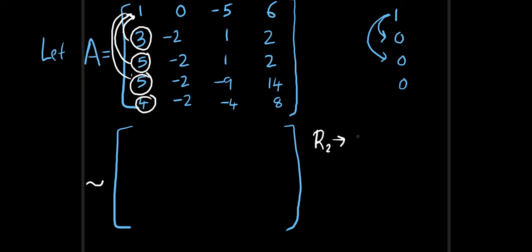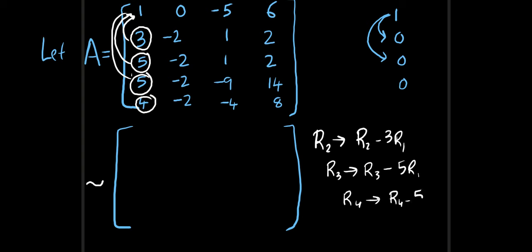R2 changes to R2 minus 3R1, and then R3 changes to R3 minus 5R1, R4 changes to R4 minus 5R1, and R5 changes to R5 minus 4R1. So the second row, third, fourth and fifth are going to change. So the only row which is not going to change is the first row.